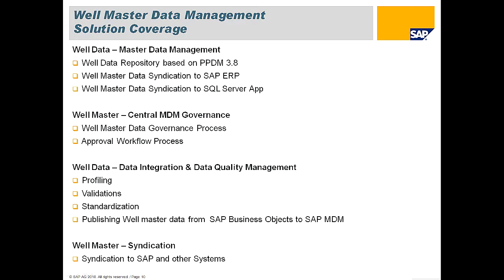So let's look at the components of the solution we have built. The first part is well data definition. We have built a repository in MDM leveraging the PPDM data model, and we have also built the data syndication from MDM back to SAP ERP and other legacy systems. The second component is central MDM governance.